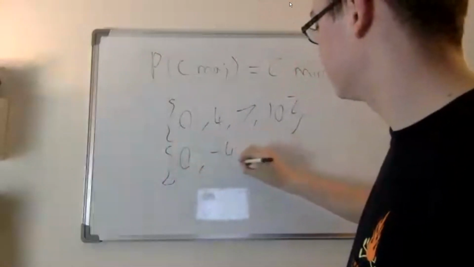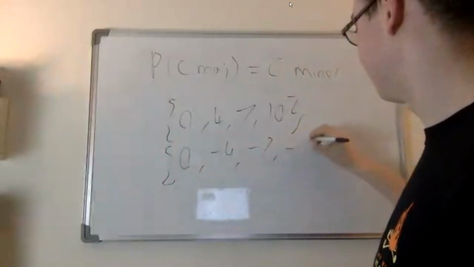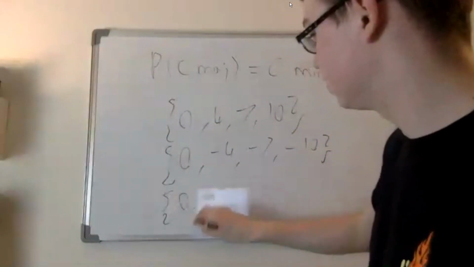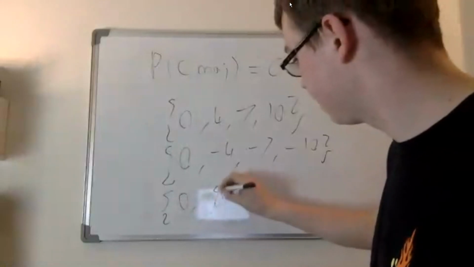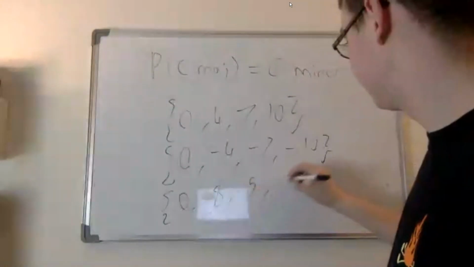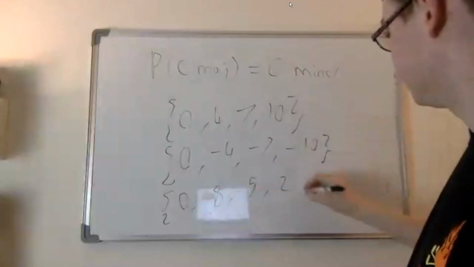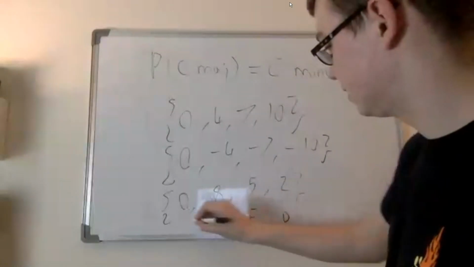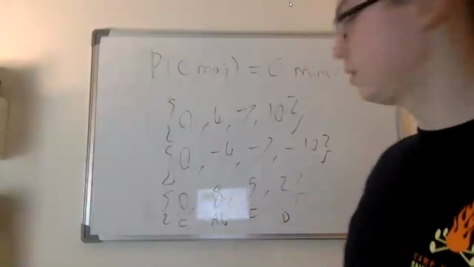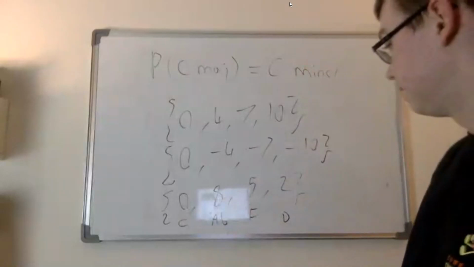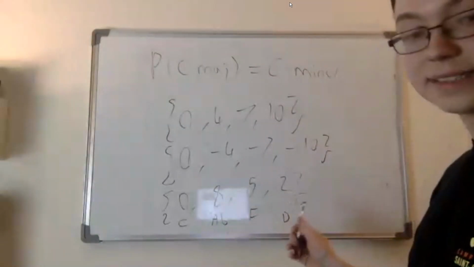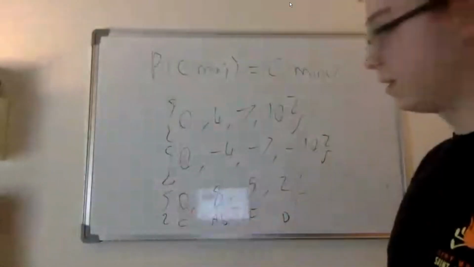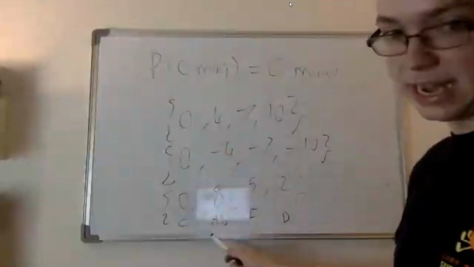So we have 0, -4, -7, -10, which changes to 0, 8, 5, 2, which, if I write it in actual note names, is D, F, A flat, C. So it is a half diminished chord. The inversion of a C dominant seventh is a G half diminished chord.